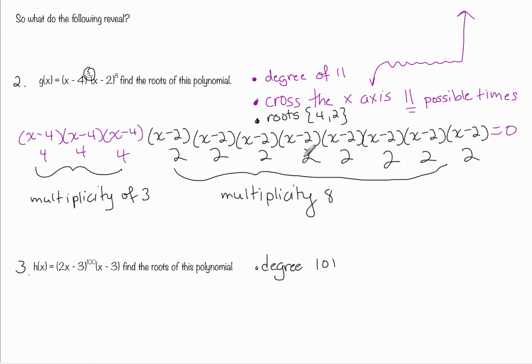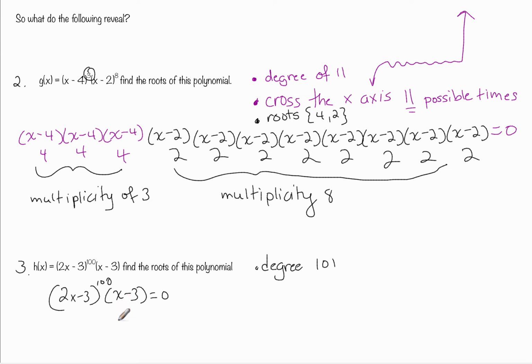Okay, that means I could have 101 possible roots. But we see that (2x minus 3) raised to the 100th power times (x minus 3). Well, we have to set it equal to 0, so that signifies that I'm looking for roots: the x values that will result in the entire equation giving me back the number 0.